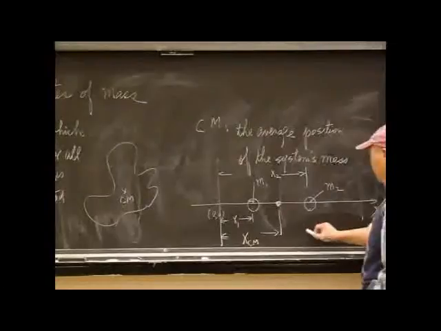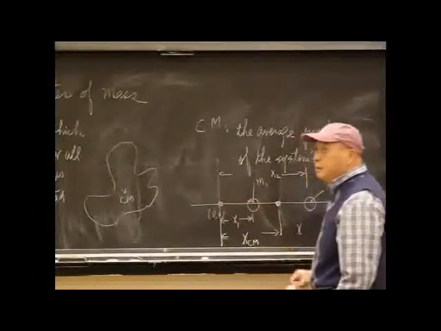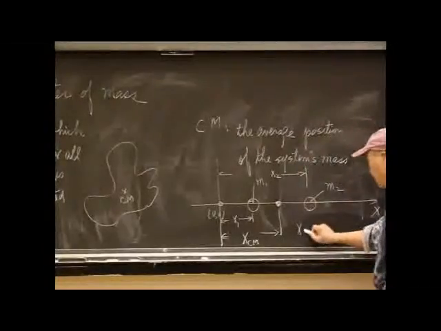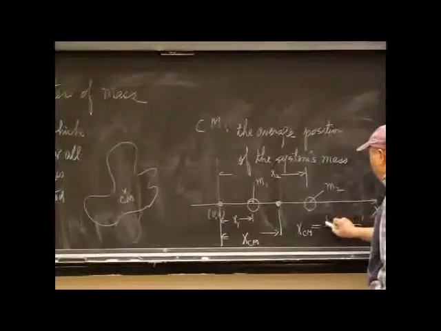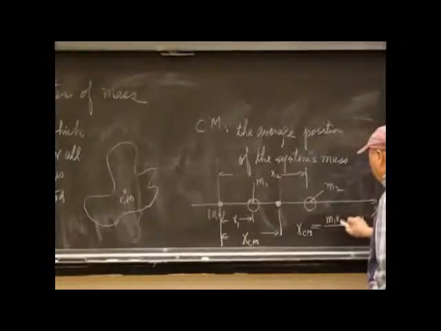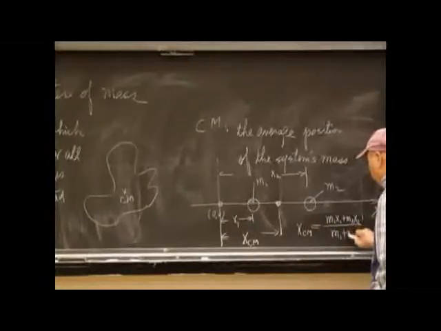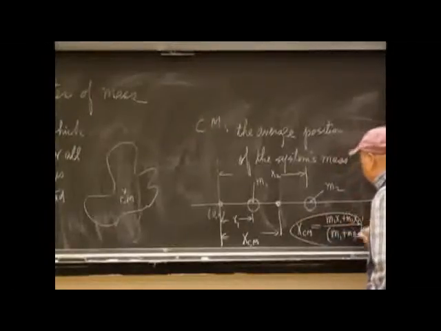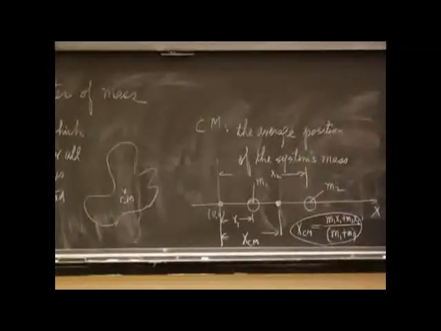So according to this, what does the average distance mean? Center of mass is equal to m1 x1 plus m2 x2 divided by m1 plus m2. So basically, this is considered the average position of the system's mass.